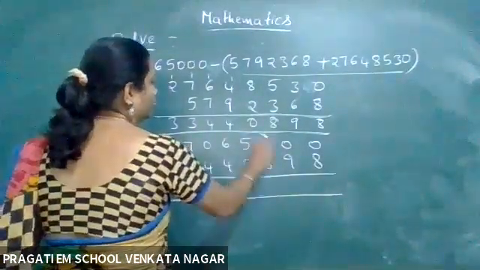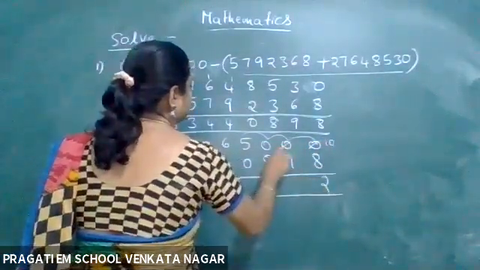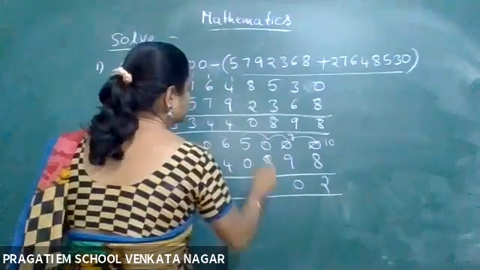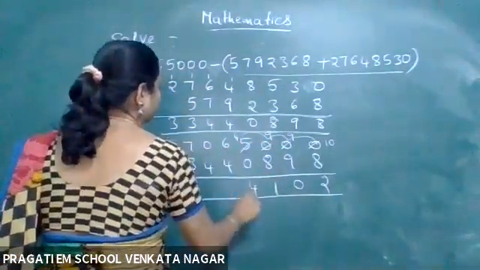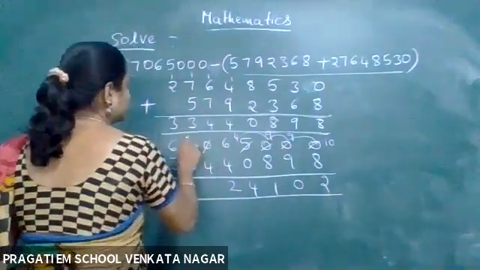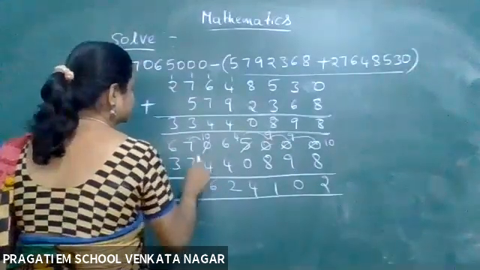So we have borrowing subtraction. 10 minus 8, 2. Here we have 9, 9 minus 9, 0. We have 9, 9 minus 8, 1. And 4 minus 0, 4. 6 minus 4, 2. So we have again borrow. 10 minus 4, 6.